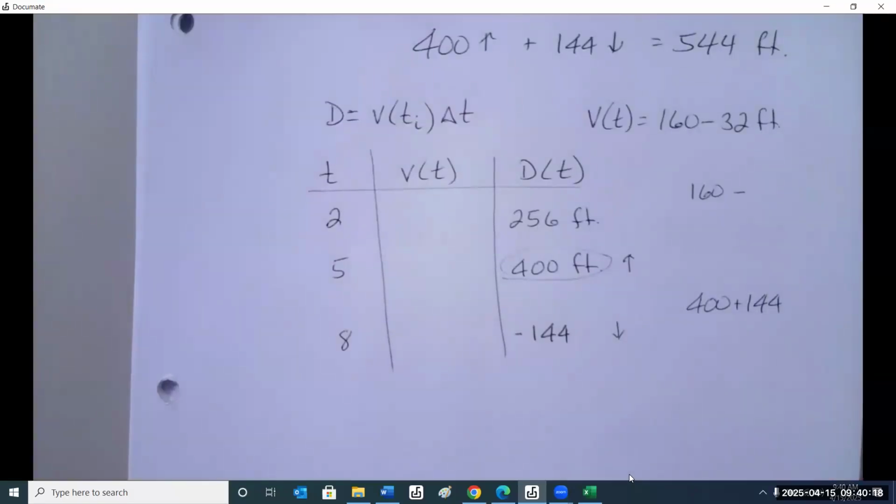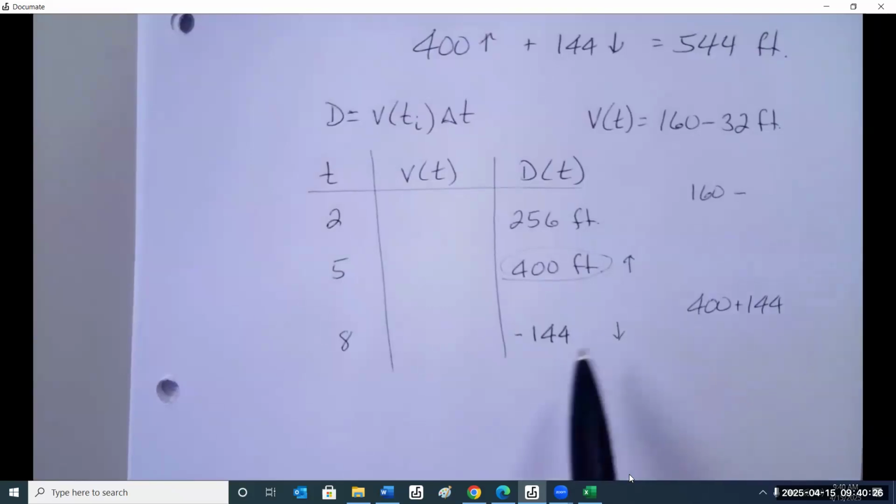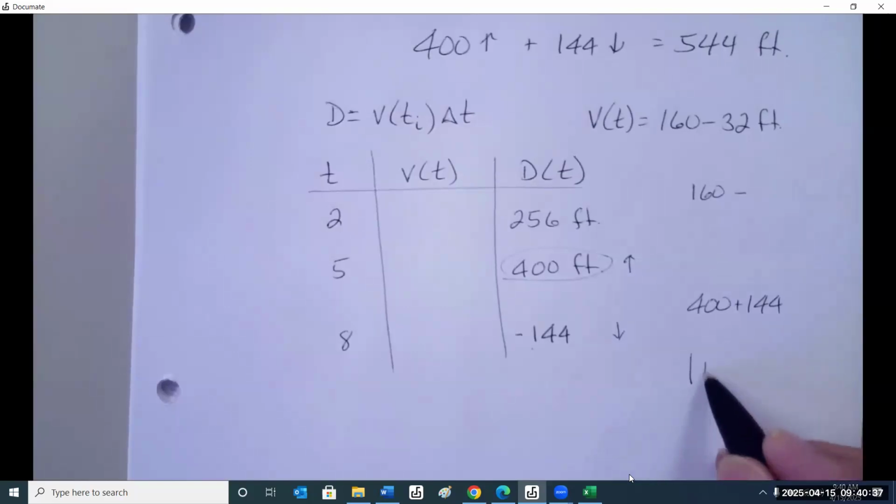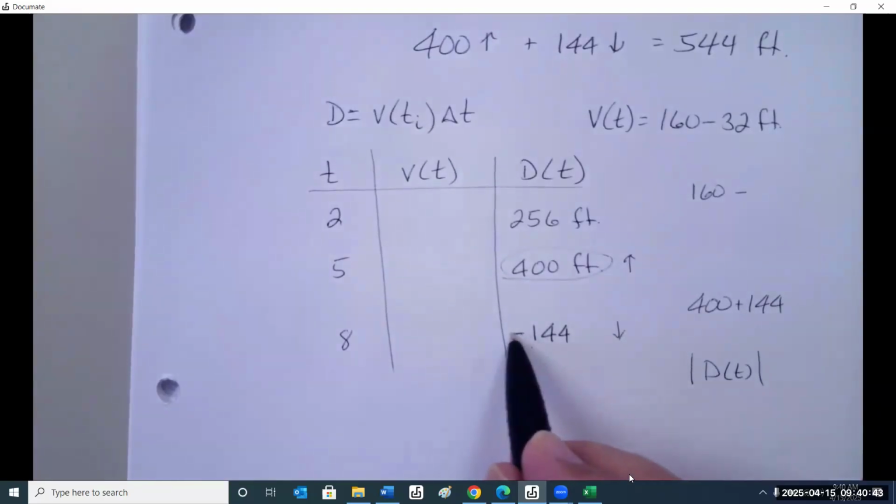why do we add them together and not subtract them, even though it's a negative 144 going down? Good question. Distance is an absolute value. The negative sign simply is a reference.